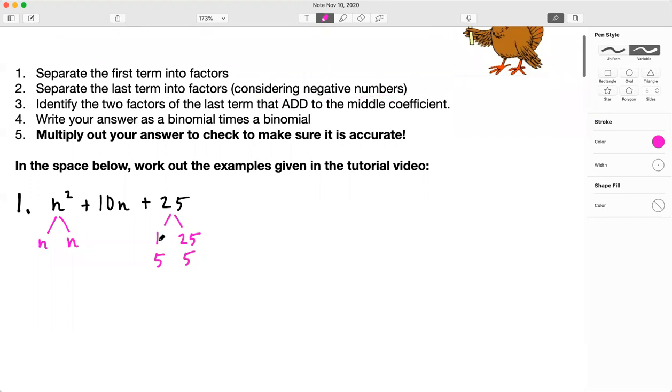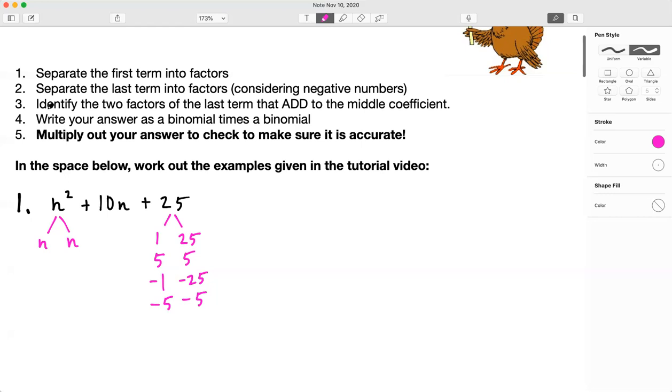What I mean by that is when we multiply, let's say, a -1 times a -25, we'll also get positive 25. You have to consider the sign in front of this last term as well. So make sure that you don't forget about that. Also, -5 times -5 equals positive 25. And with that, we have all of our factors of 25, including negative numbers.